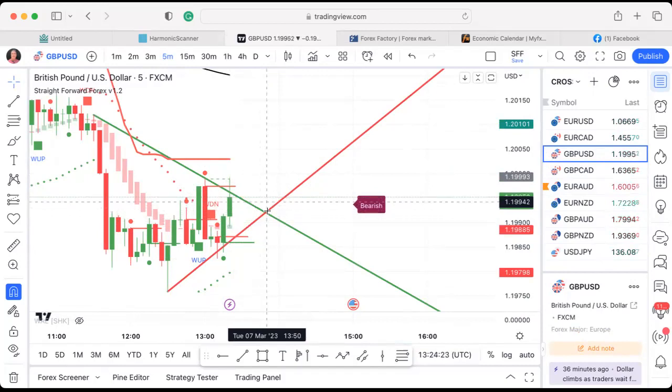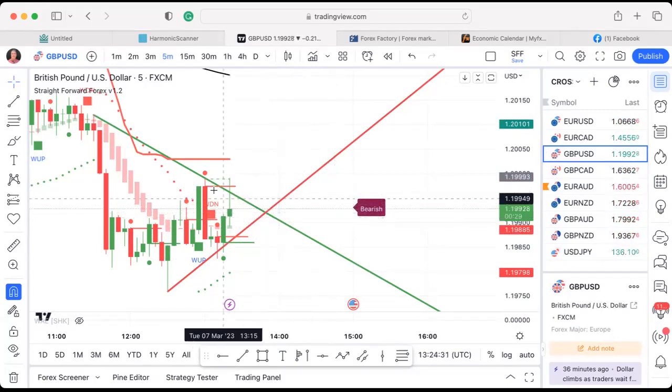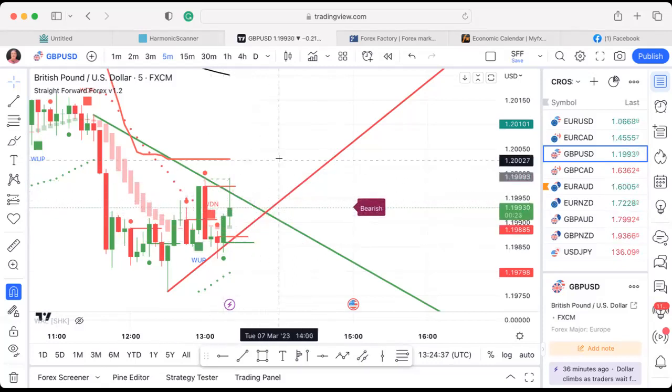Once it gets past the crossover, then we might consider getting into a buy or a sell in that wedge, but I won't consider getting in for either when it's in that wedge prior to the crossover. So there's nothing there for me right now.